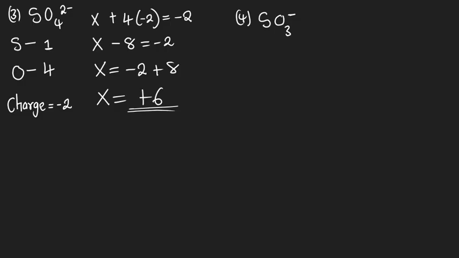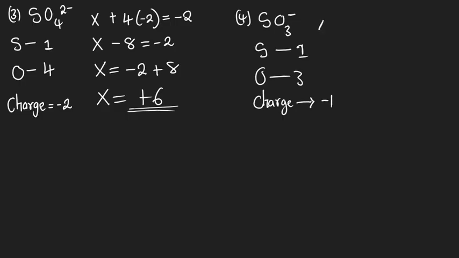We are getting 2. Okay, let's check it out. How many atoms of sulfur do we have? 1. Oxygen, how many do we have? 3. Charge of oxygen is -1.